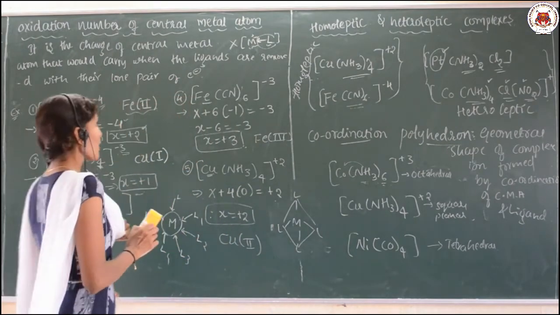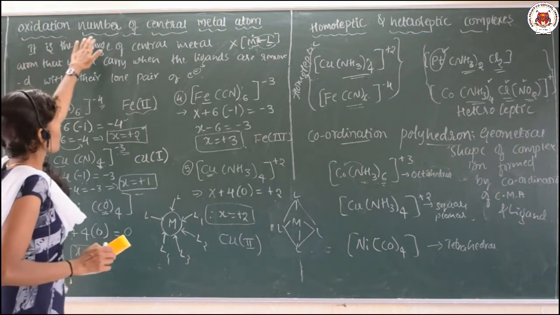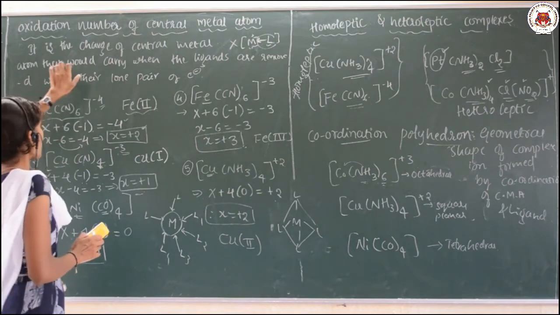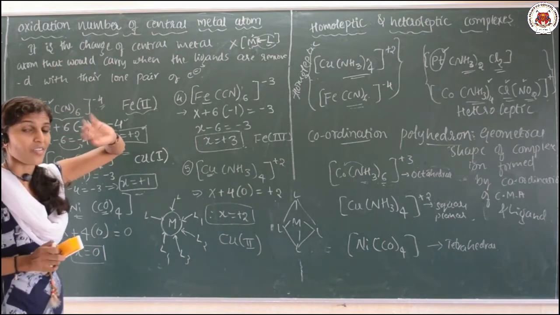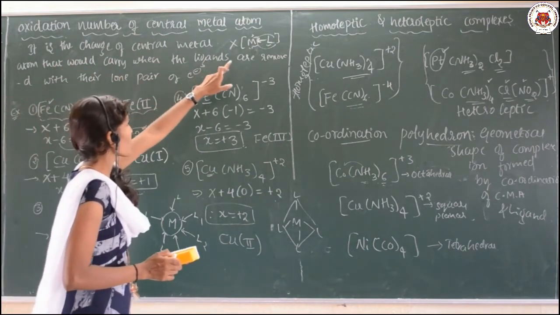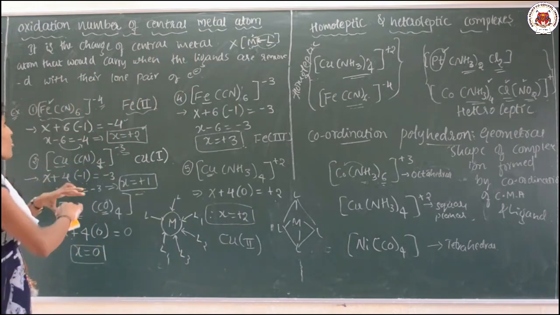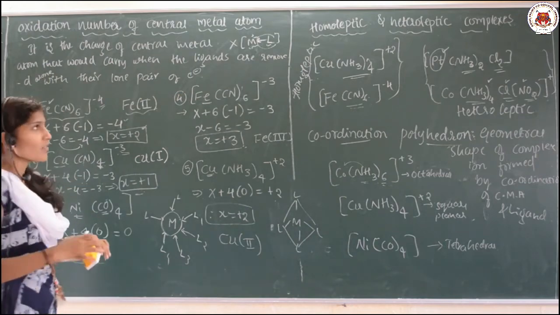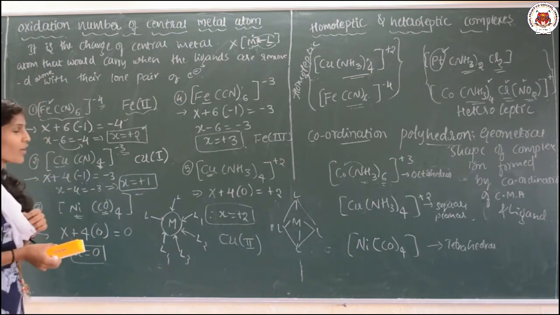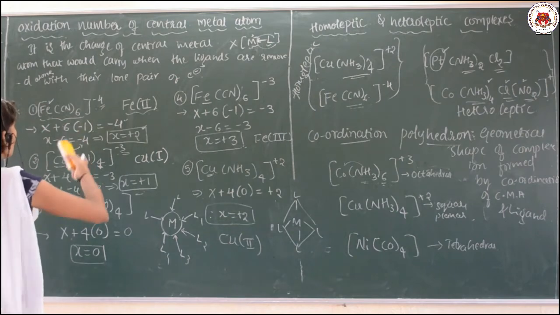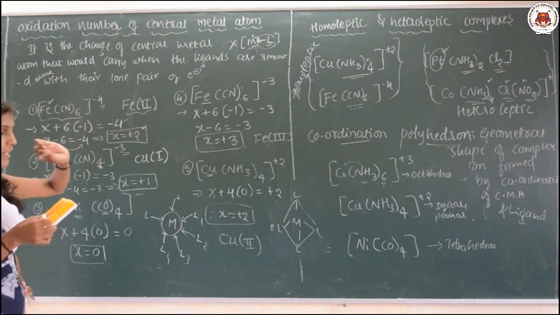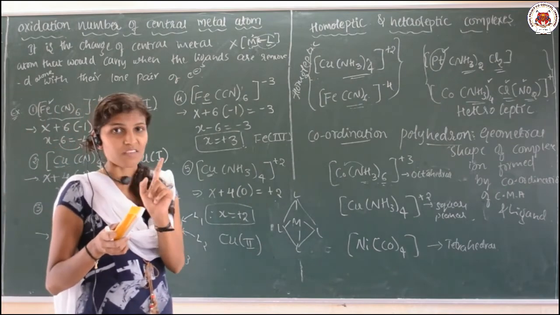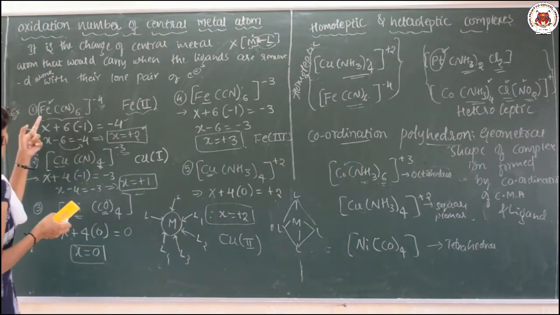So once again I will revise oxidation number of the central metal atom. It is the charge that the central metal atom would carry, not always, when the ligands are removed along with their lone pair of electrons. That is the oxidation number. So how to find the oxidation number? See here, by taking a few examples, let us keep the oxidation number of the central metal atom as X. Here I need to find the oxidation number of Fe.